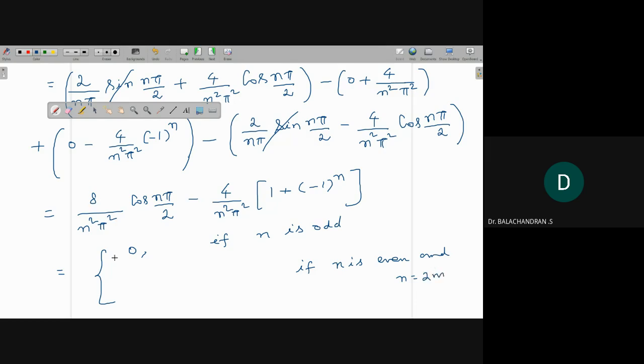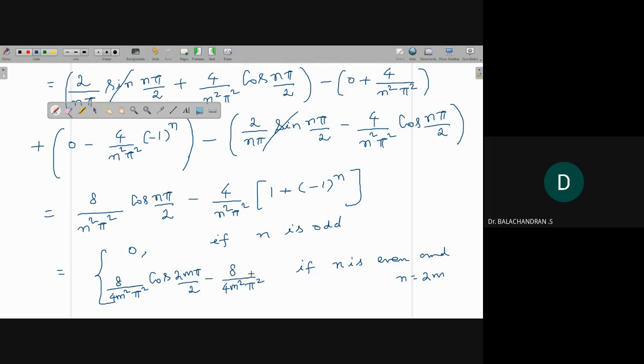Then 8 by n equal to 2m means 4m square into pi square, into cos n equal to 2m pi by 2, minus, when n is even, then this is plus 1. So 1 plus 1, 2. We have minus 8. Minus 8, n equal to 2m means 4m square pi square.